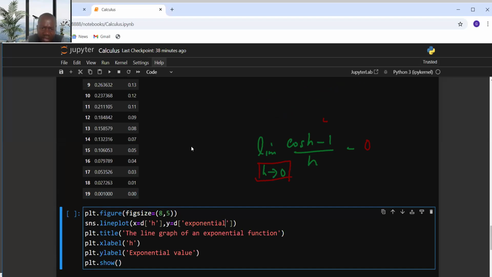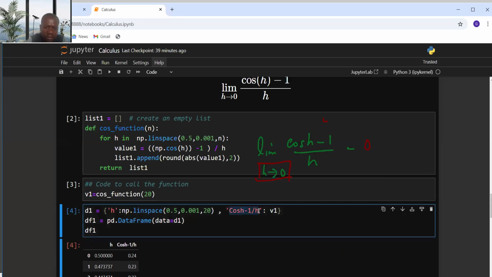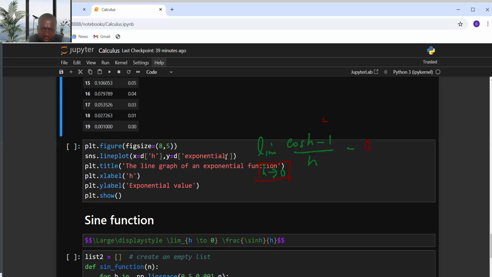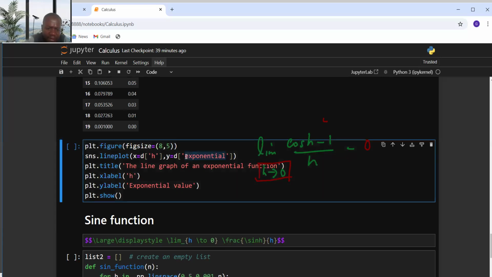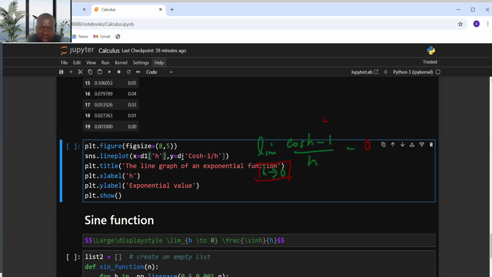This is what I should display here. Then the D, it will not be D, I'll just use D1. But now the line graph, it would just be the graph of the cosine function.